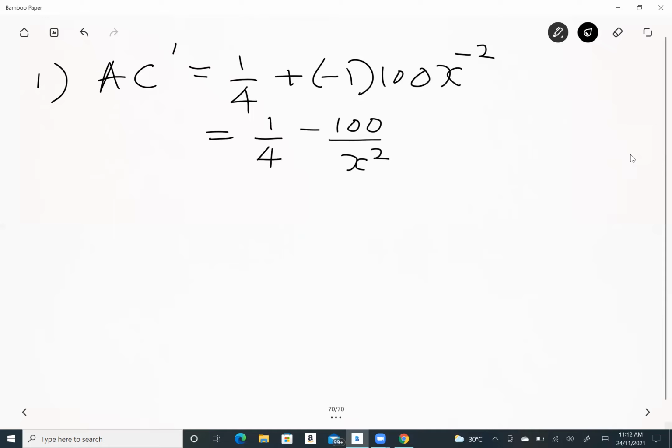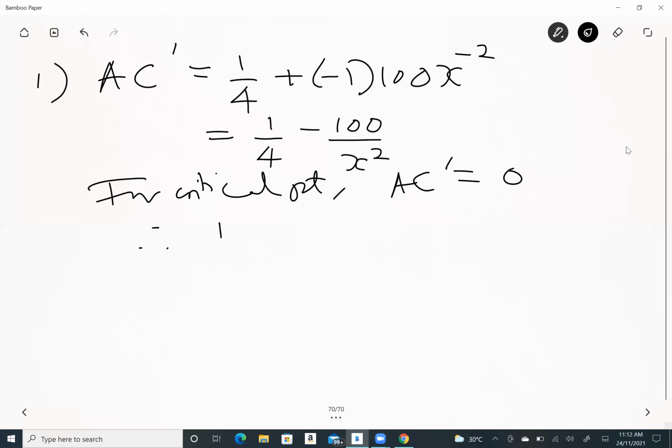Okay? So for critical point, what do we need? AC prime equal to 0. So therefore, 1 over 4 minus 100 over X squared equals 0. So let's simplify.